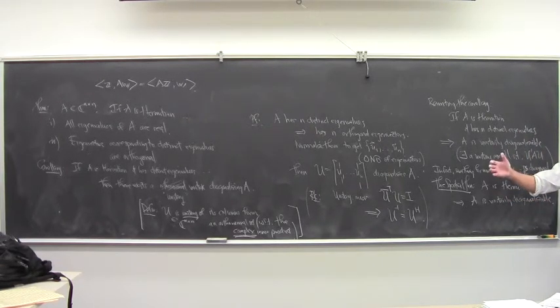Taking your space and splitting it up into a direct sum of orthogonal subspaces, each of which is preserved by A. Don't worry if you didn't understand what I just said. That's what's going on. Each of these spaces is an eigenspace, but when you hit it with the matrix, it doesn't move.